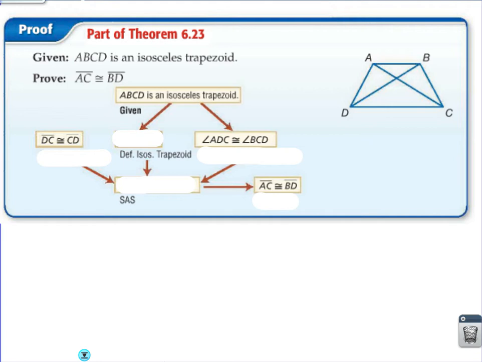No, by definition of the trapezoid. Why is this isosceles? Now, that's what we're trying to prove, that AC and BD are congruent. What makes a trapezoid an isosceles? What makes a triangle an isosceles triangle? Help them out, Riley. Since this is an isosceles trapezoid, what two things, by definition, do we know are congruent?